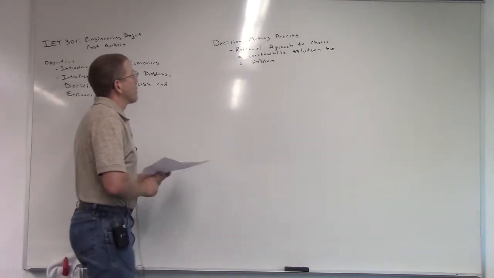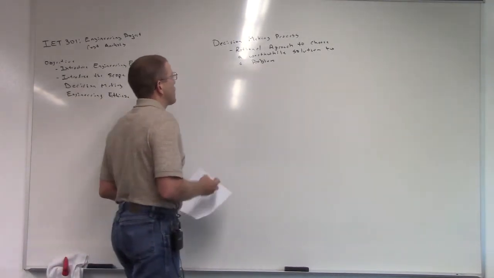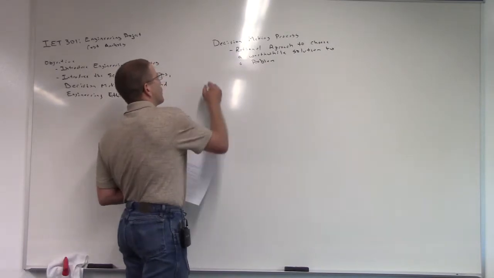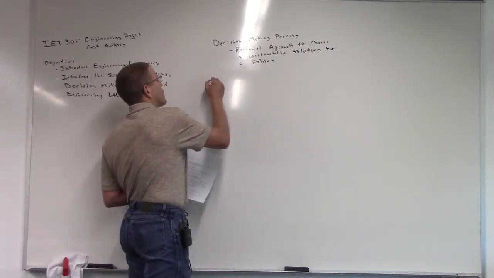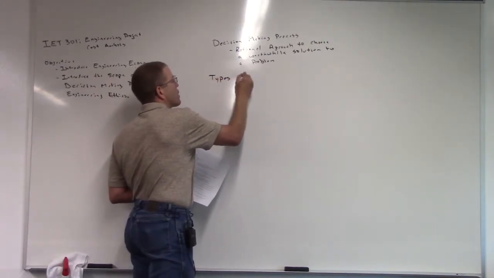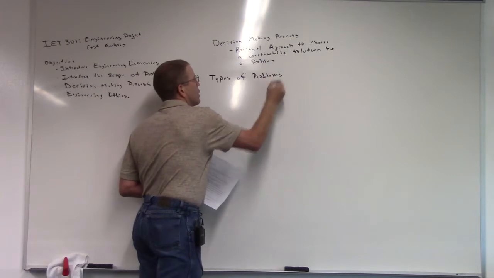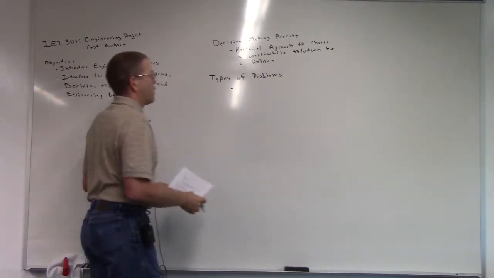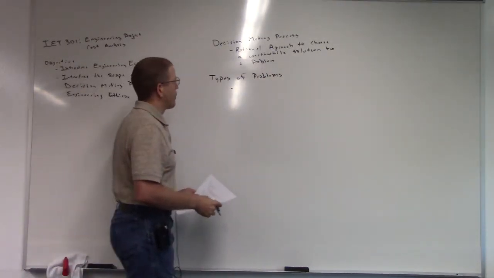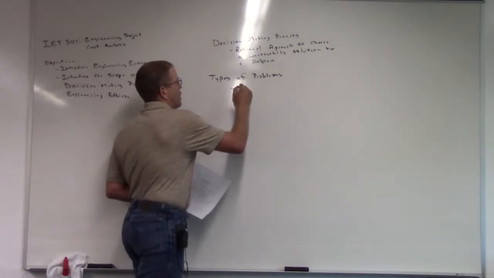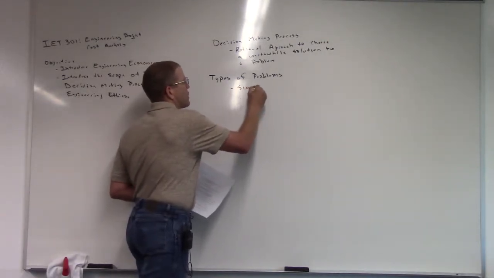So there are three basic types of problems, and this will be very evident to us. Keep in mind this is Chapter 1, so we break it down very rudimentary. There are simple type of problems.